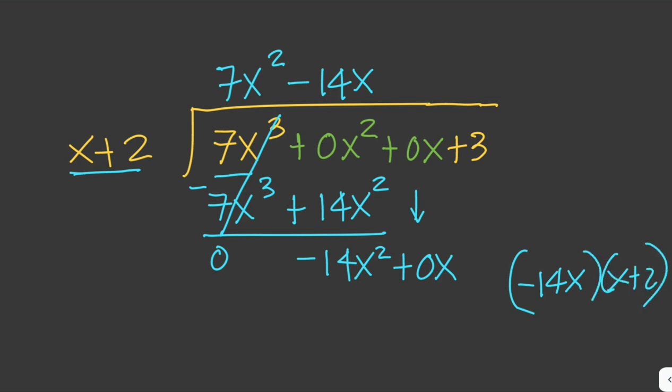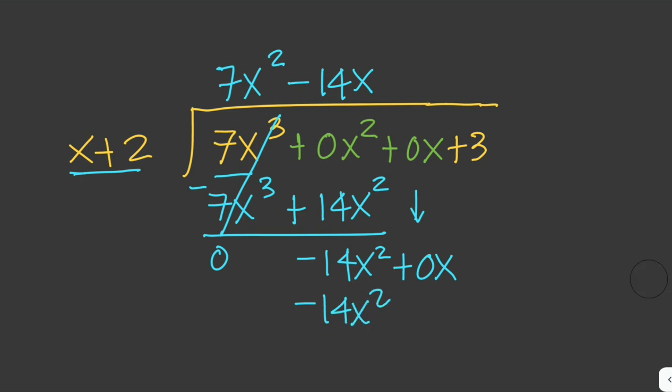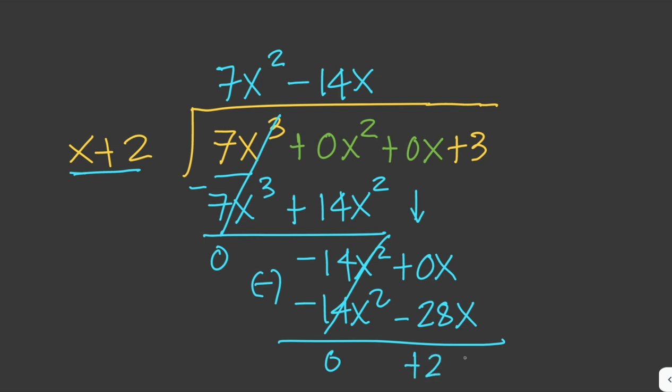That would be negative 14x squared, then negative 14 times 2 is negative 28x. Then we subtract. This cancels out, so this is 0. And then 0 minus negative 28x is positive 28x. And then we bring down the plus 3.